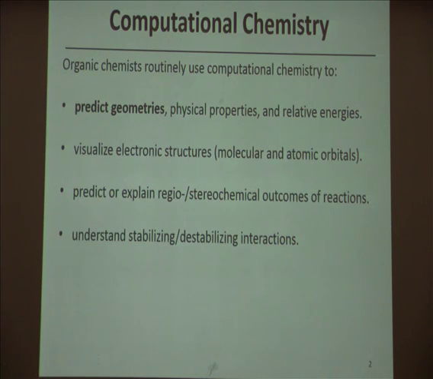We're going to spend a lot of time talking about the stabilizing and destabilizing interactions of molecules. We're going to look at exactly the things you've already talked about in your previous courses, steric interactions or steric repulsions between parts of molecules. We're going to look at orbital overlaps, we're going to look at hydrogen bonds, and we're going to understand these at a deeper level through computational chemistry.